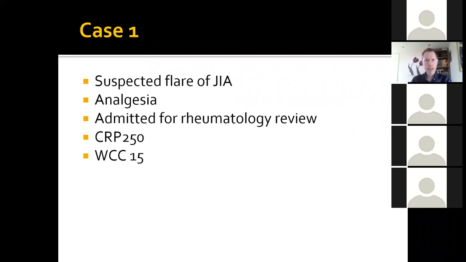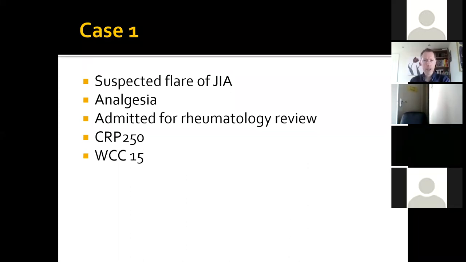The initial diagnosis made by the admitting team is that she may have a flare of her juvenile arthritis, so they decide to admit her, give her some analgesia and ask for a rheumatology review. Her initial bloods show a CRP of 250 and a white cell count of 15.